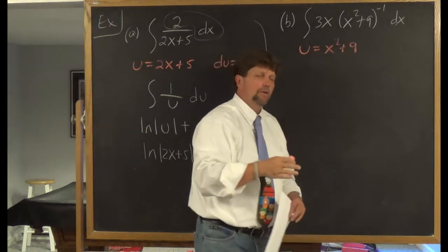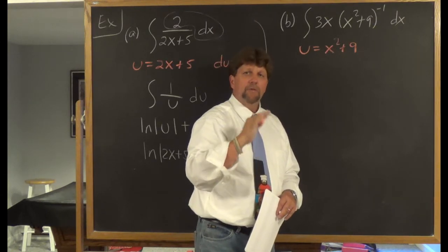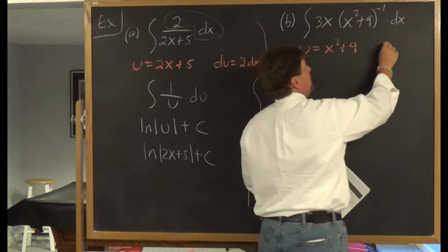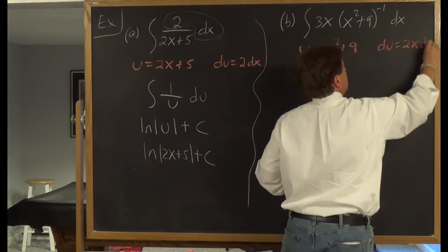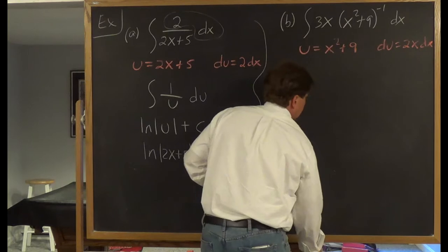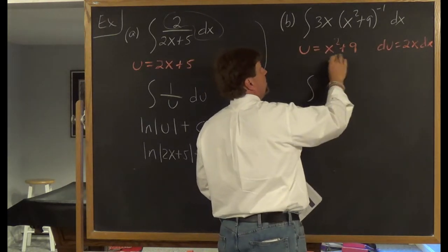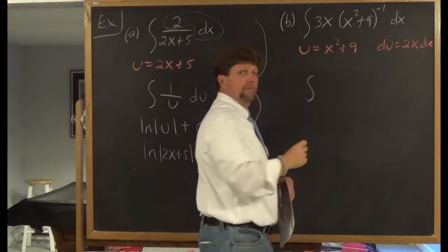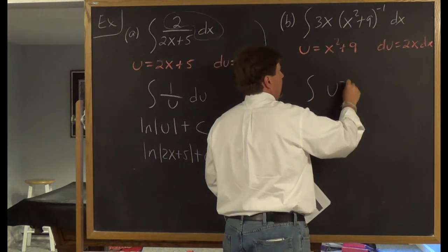And then du, remember, we always compute the derivative of u. That's what du is. So du is 2x dx. So now when we substitute in, we substitute u for the x squared plus 9. So that gives us a u to the negative first.